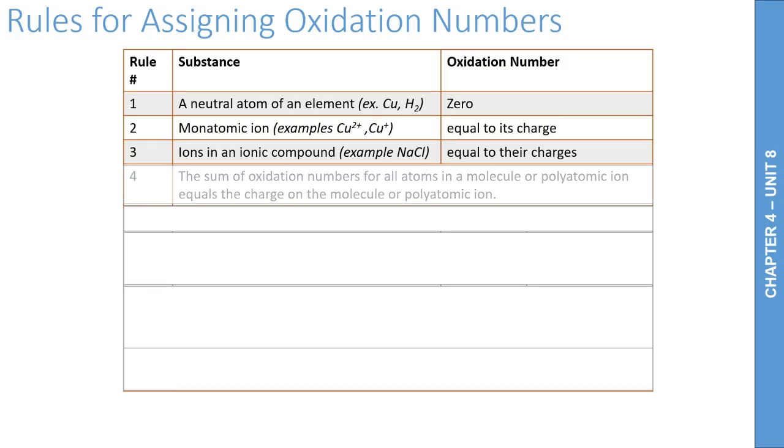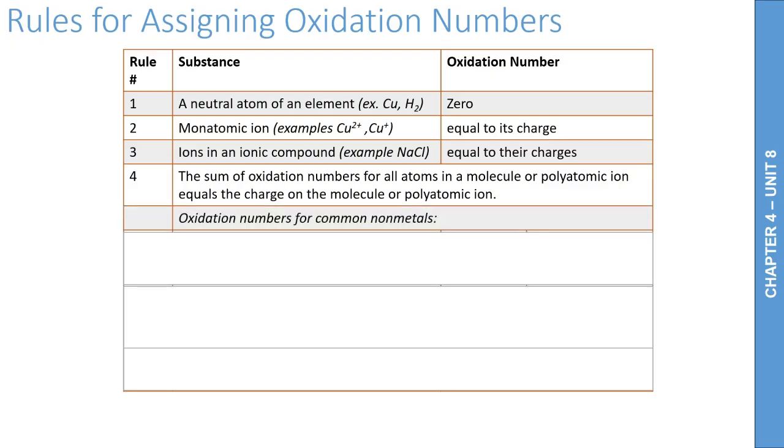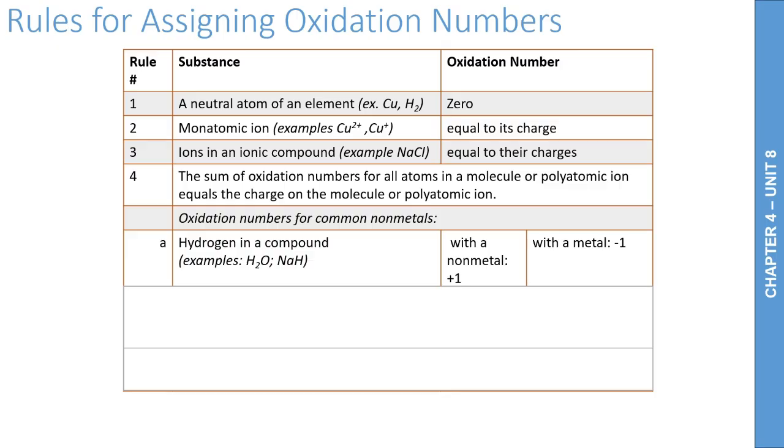The sum of oxidation numbers for all atoms in a molecule or polyatomic ion equals the charge on the molecule or polyatomic ion. That means sodium chloride has no charge, so the sum must be 0. +1 -1 is 0. Hydrogen in a compound: if it's bonded with a non-metal, it will be +1, and if it's bonded with a metal, -1.